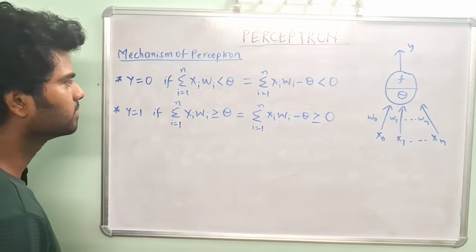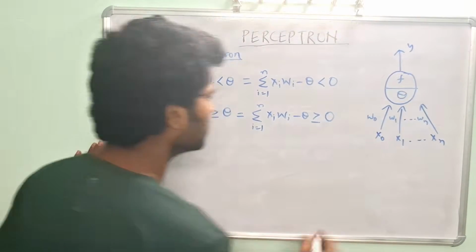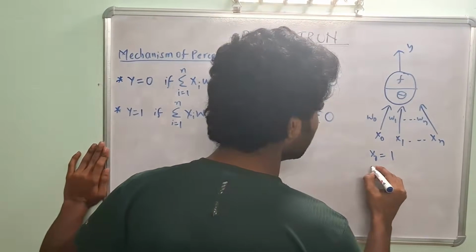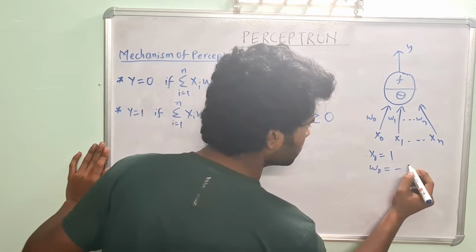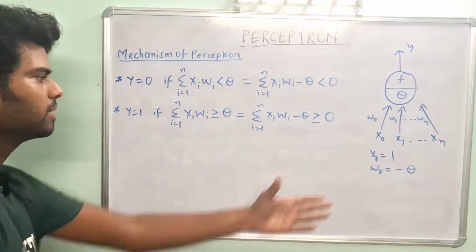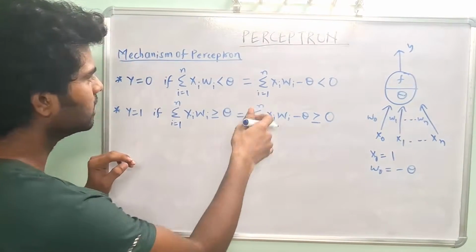So now here in perceptron x naught is equal to 1, w naught is equal to minus theta. So we can rewrite these two equations.